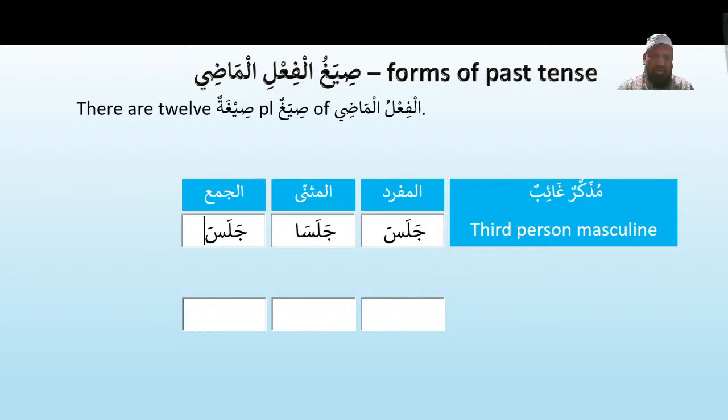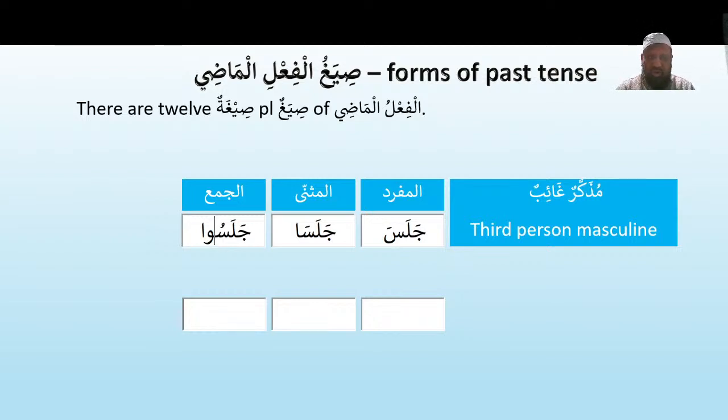If we add واو الجماعة, alif is added. Now here one thing to remember, واو الجماعة demands dhamma before it. So the last letter of the verb is the sin. We add dhamma before it. Now we have جمع مذكر غائب.